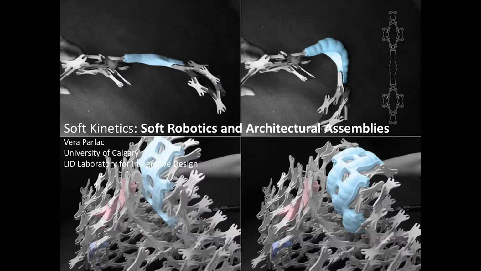What I would like to present to you today is a project that explores integration of soft robotic or soft inflatable components into modular architectural surface or structure. This research focuses on new material behaviors and their capacity to produce adaptive or kinetic dynamic material systems.